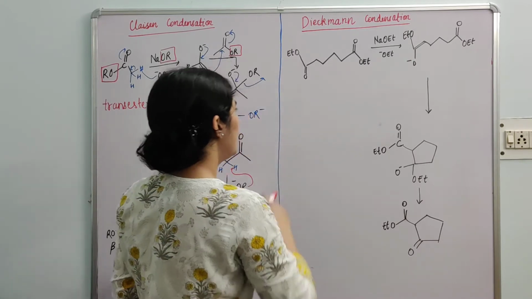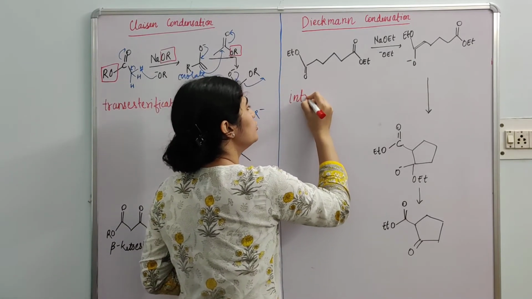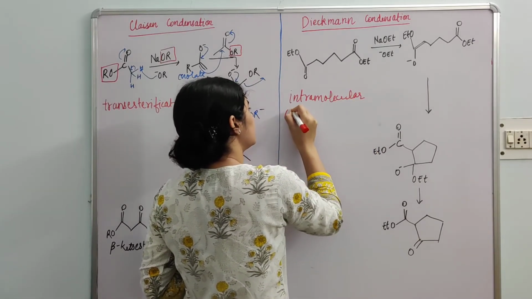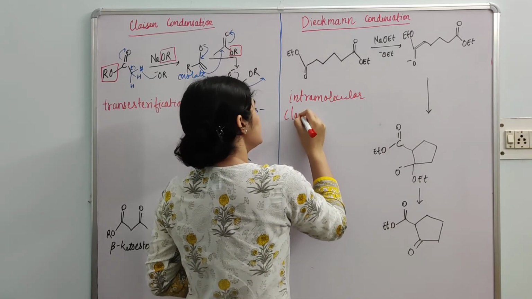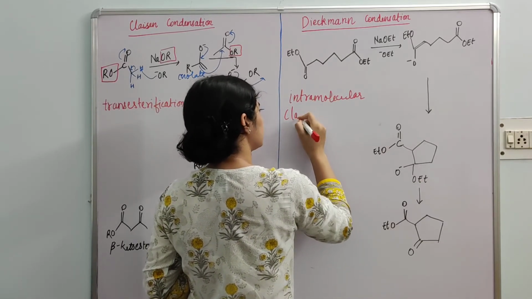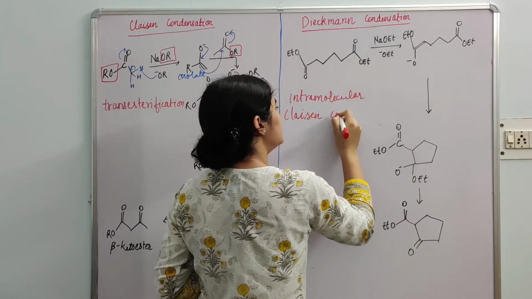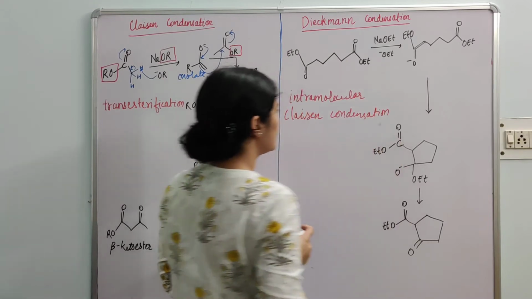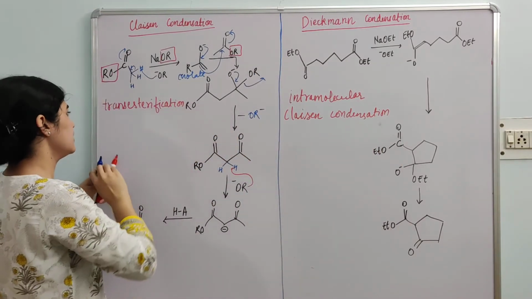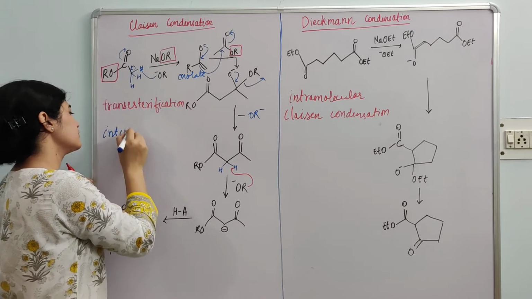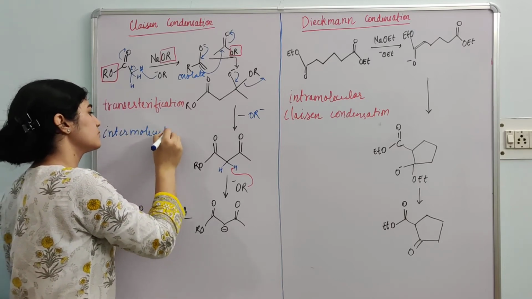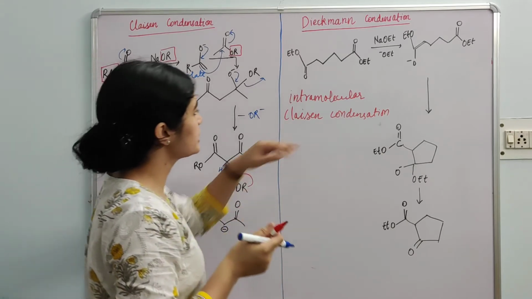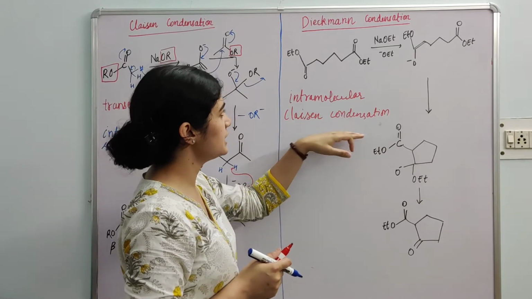Now if you go to Dieckmann condensation, what is happening here? It's nothing but intramolecular Claisen condensation. In this case, it was an intermolecular reaction, while in Dieckmann condensation, it is intramolecular Claisen condensation.